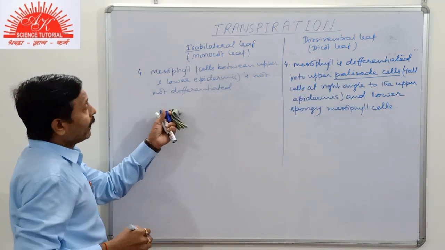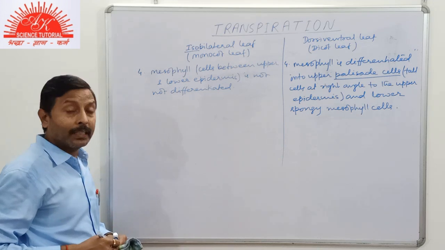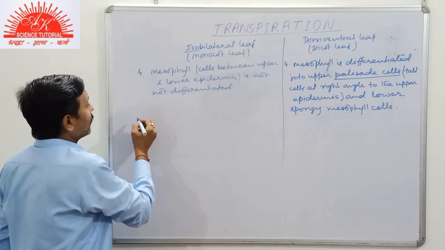So this is the difference between the arrangement of cells in the leaf of the two types.